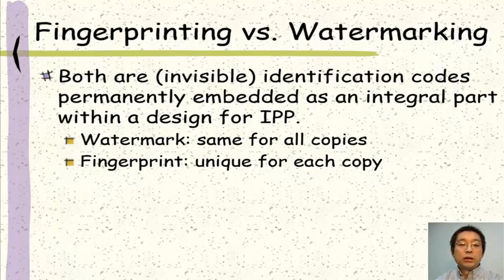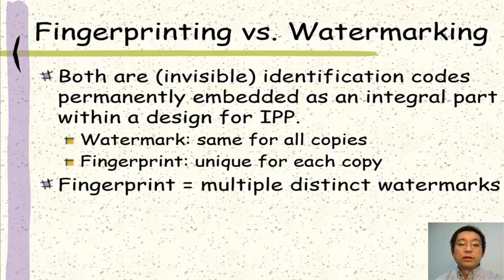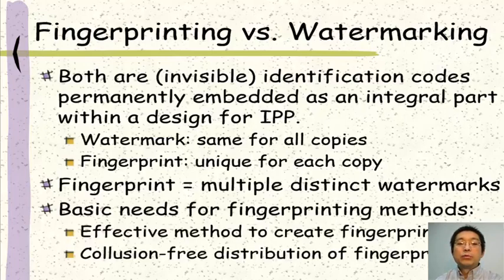In other words, fingerprint is equivalent to multiple copies of distinct watermarks. Any fingerprinting technique has to address the following two fundamental problems: how to generate IPs with different fingerprints effectively, and how to distribute these solutions to the users.